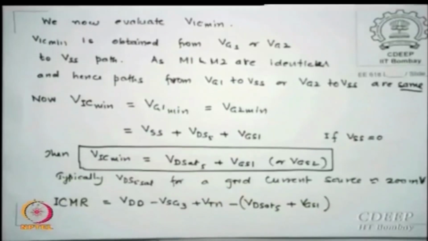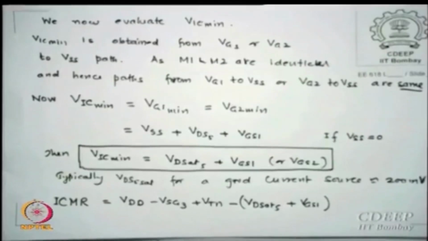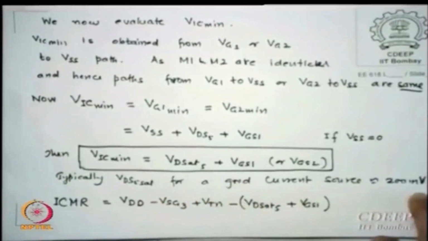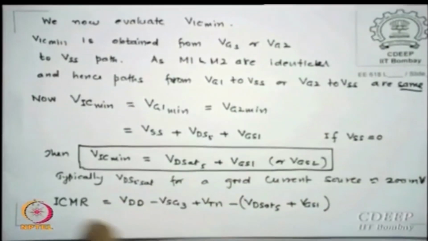But this is again for the 0.7 volt supply, so one should not use 0.7 volt VTs. If you have another technology, this 200 millivolt is not true. I just want to show you the order in which these numbers appear. So VD sat is typically 200 millivolts for the current source used.